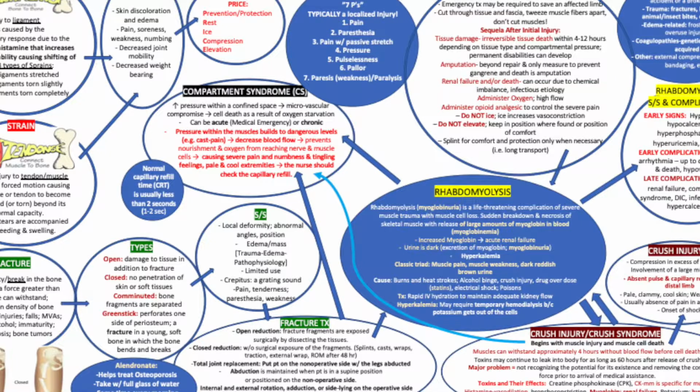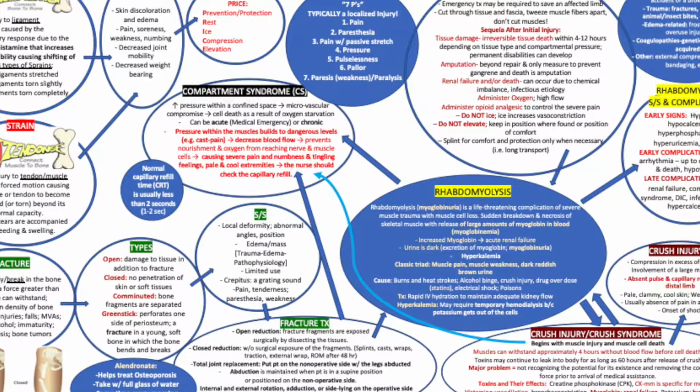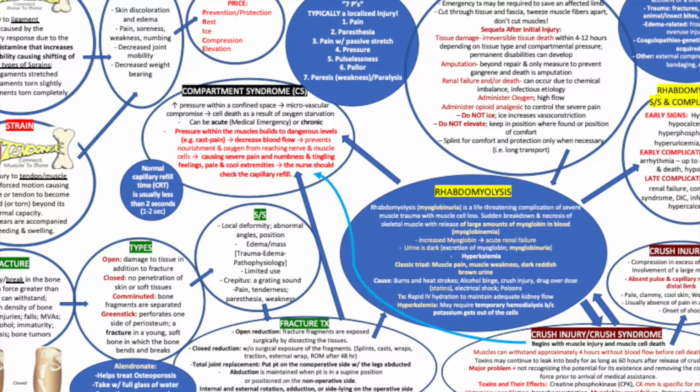Rhabdomyolysis can also cause crush injury or crush syndrome, which is defined as compression of the extremities or other parts of the body that causes muscle swelling or neurological disturbances in the affected areas. Normally, muscles can withstand approximately 4 hours without blood flow before cell death occurs, but after this time, cells begin to die.